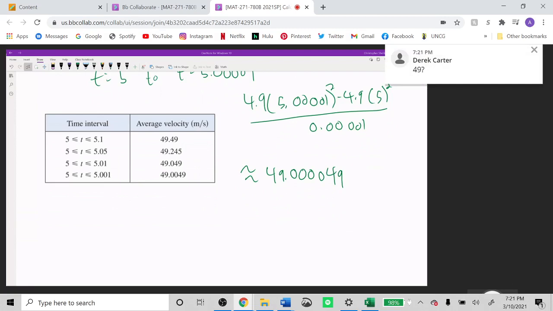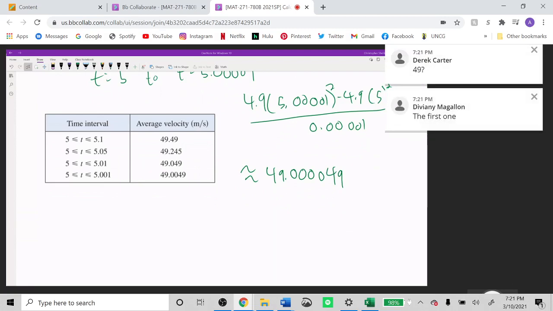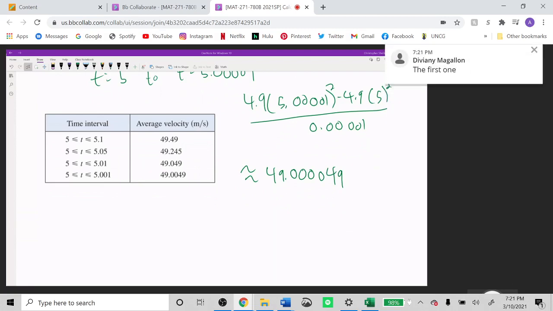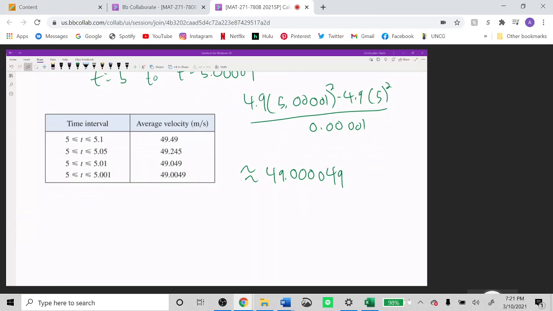It looks like 50. Not 50. It looks like 49. Right? It looks like this is getting closer and closer to 49. So we can make an educated guess here that the instantaneous velocity of this object after 5 seconds is 49 meters per second.